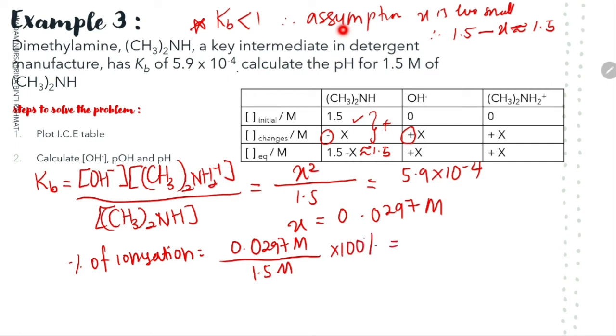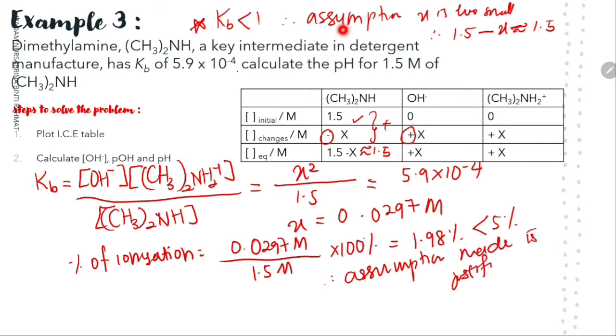You will get a percentage of ionization of just 1.98%, which is less than 5%. That means the assumption made is justified. So it's valid to assume that X is so small, therefore the equilibrium concentration of dimethylamine is just equal to 1.5.